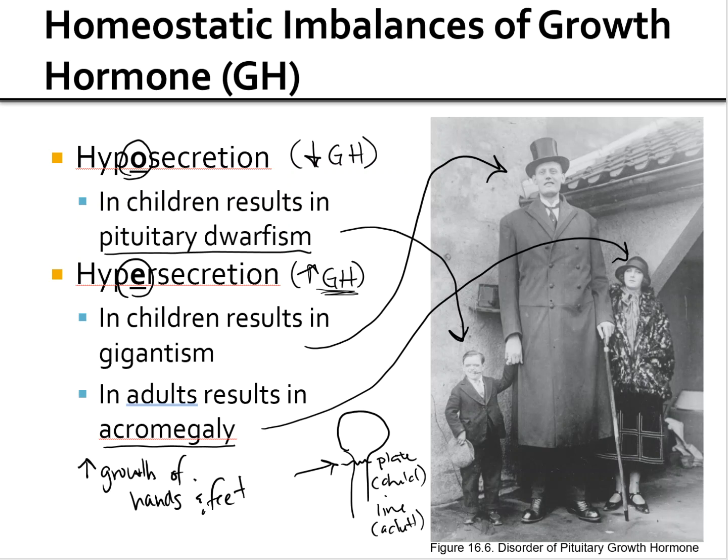Kind of weird, huh? In adults, you don't get gigantism because these epiphyseal plates have already closed, so there's no way for that bone growth to occur in the skeletal system.